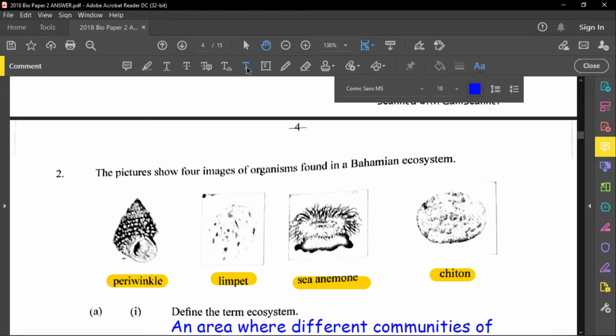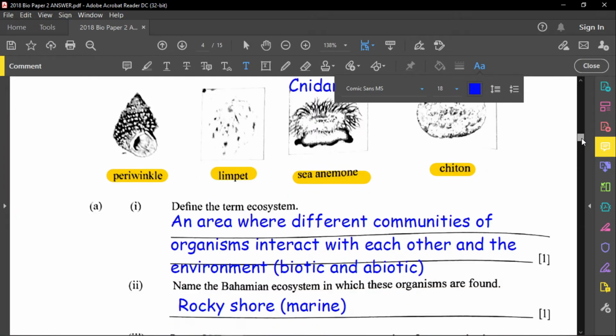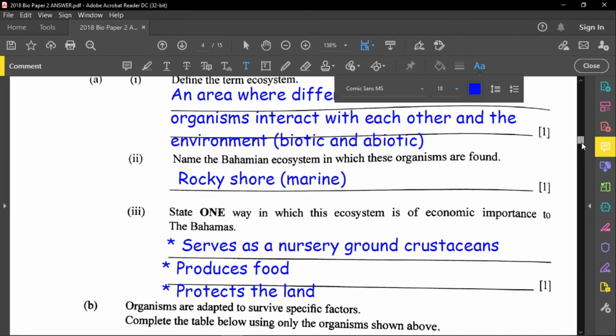So I'm going to put that there for you, just for you to know the category that this organism belongs to. Again, the sea anemone is a cnidarian. The others are mollusks, and those are specific phyla, but generally they are all invertebrates.